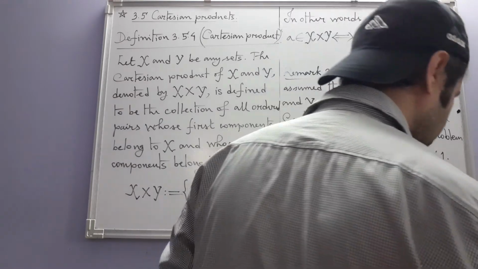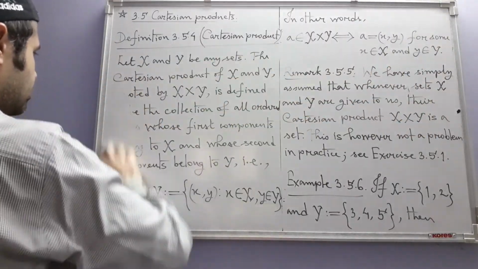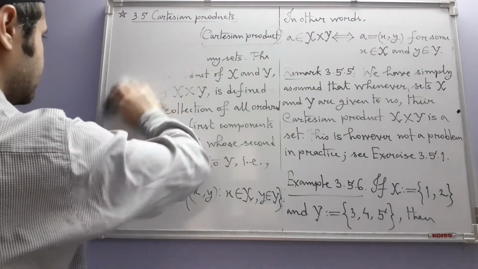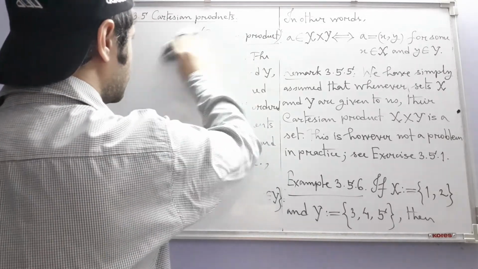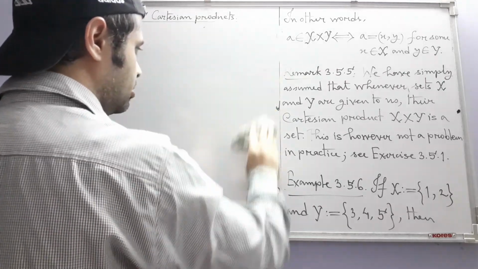Then we are going to calculate their Cartesian product in both the ways, that is X cross Y as well as Y cross X, and then see what the sets come out to be.